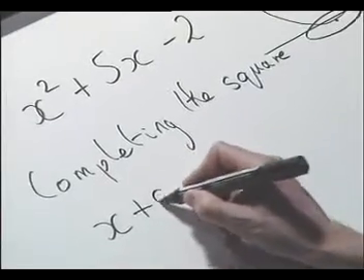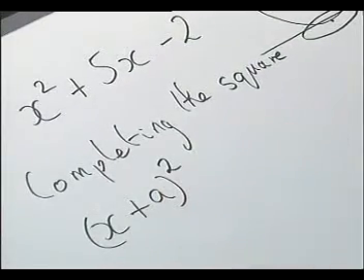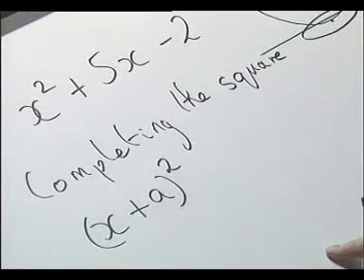Well, let's have a look at something that is a complete square. That is an exact square. So that's a complete and exact square.